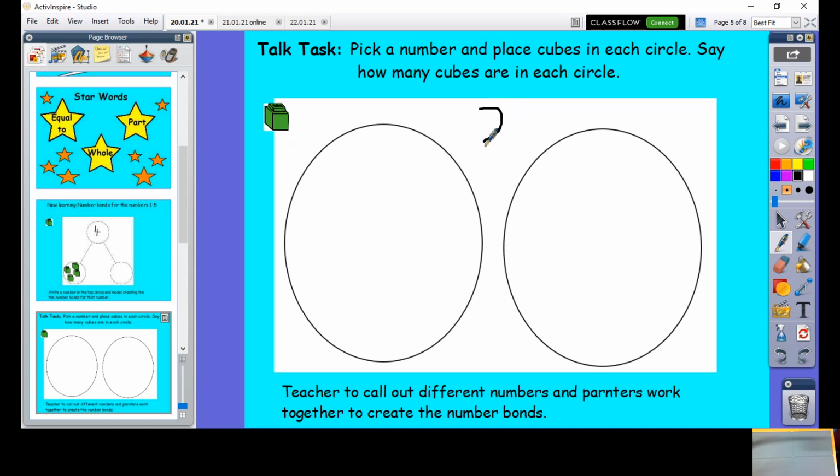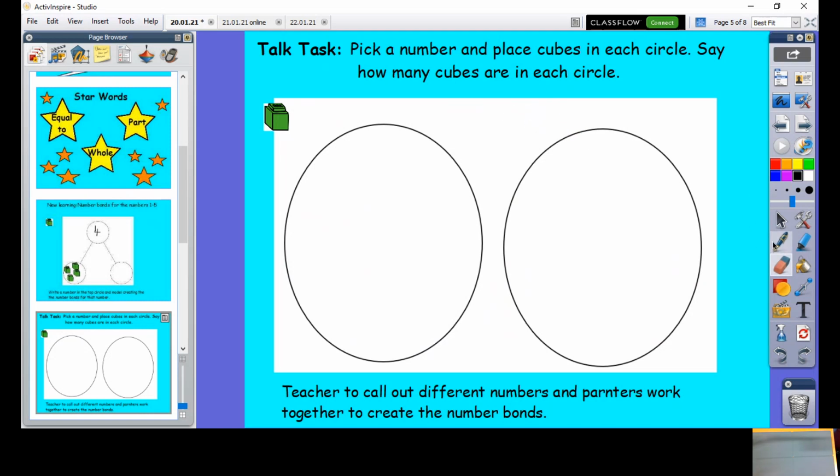Or you could go 1, 2. That's another way you could show it. Okay, I want you to have a go, boys and girls, with numbers 2 and 3. Off you go.